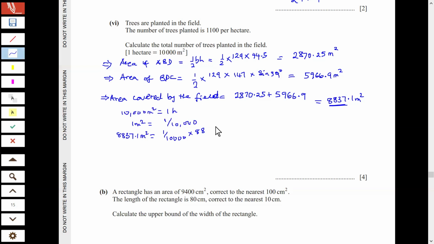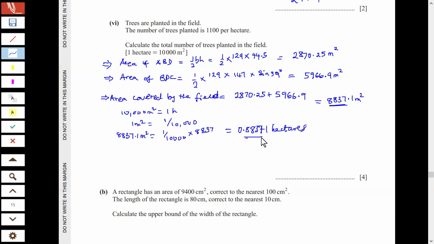So if you multiply this out, you will get 0.8837 hectares.